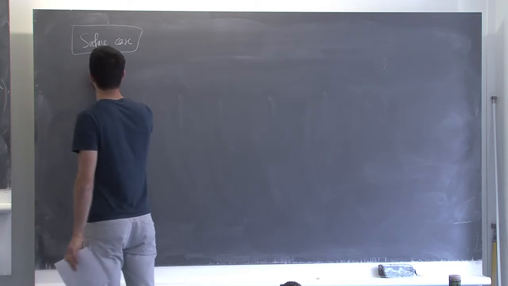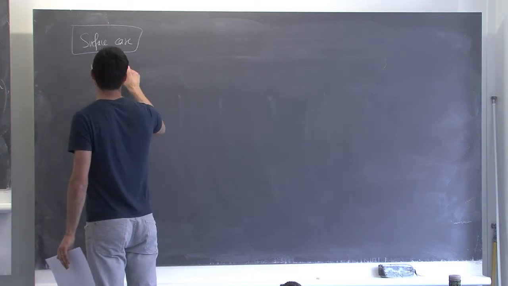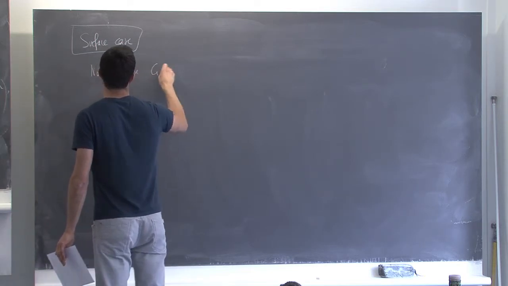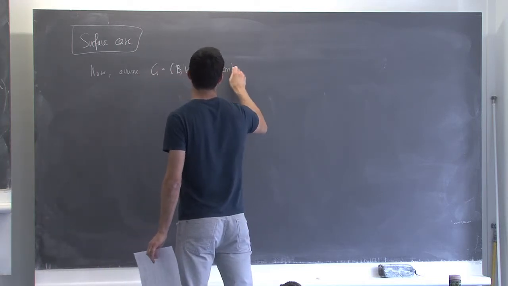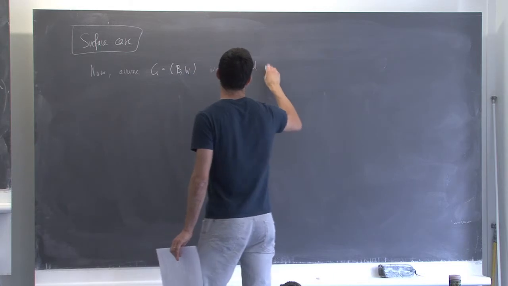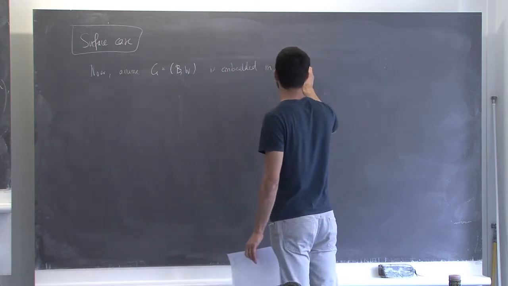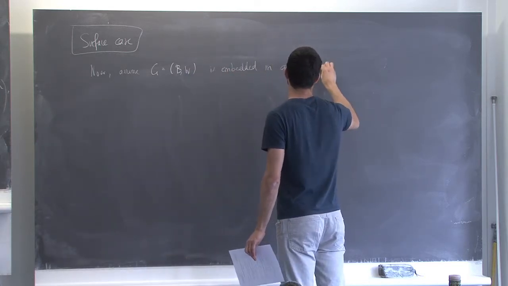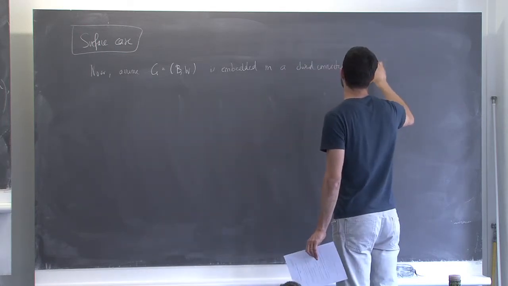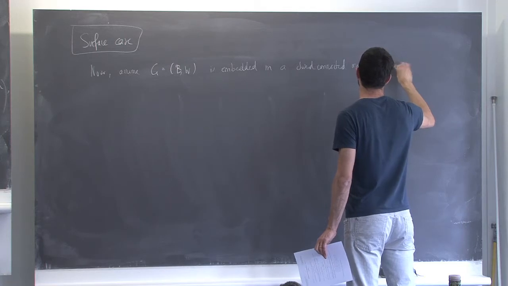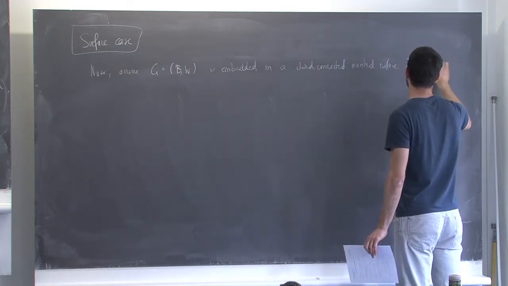So now assume that G, of course, is still bipartite, and is embedded in a surface sigma, closed, connected, oriented, of genus g.